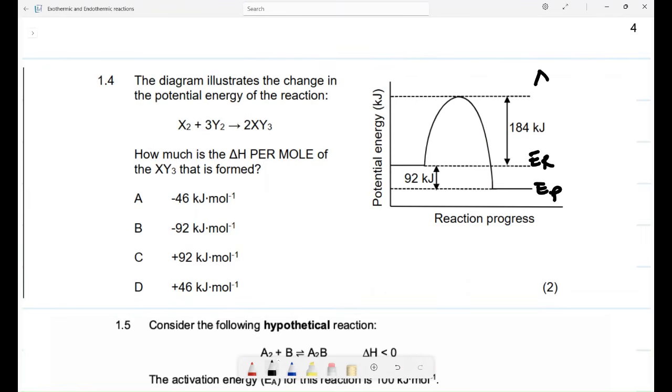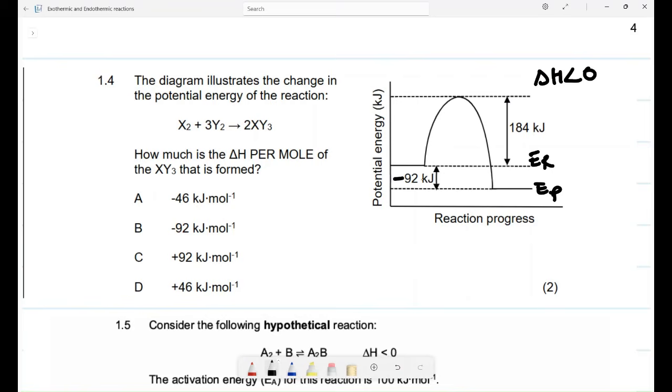So we know for an exothermic reaction, the change in H should be less than zero. From here to here, it is 92. But remember, when we went from the product to the reactant, it will be this number but with a negative sign, because now change in H is less than zero.